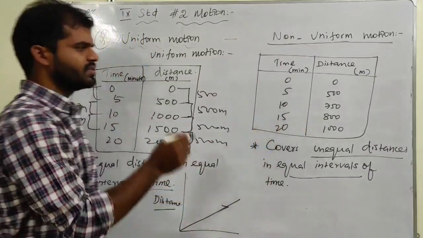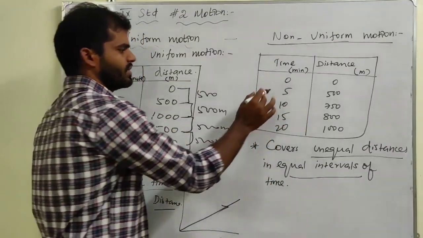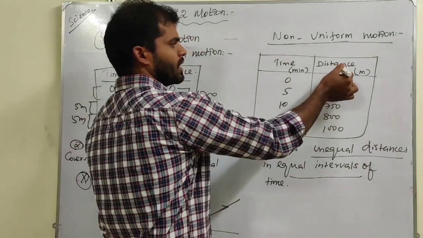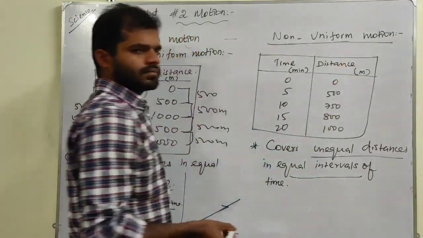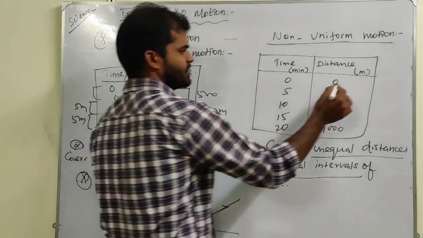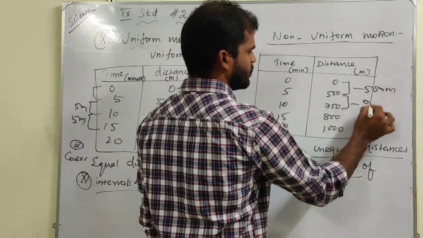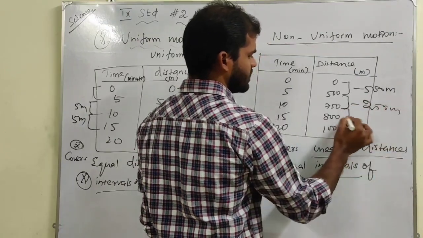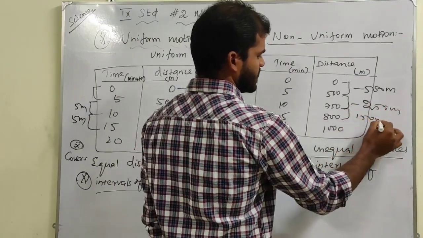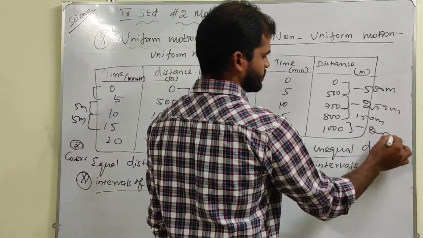The time gap between these is similar, right? Everything is a 5 minute gap, and let us check the distance covered. This is 500 meters, this 250 meters, this is 150 meters, this is 200 meters.